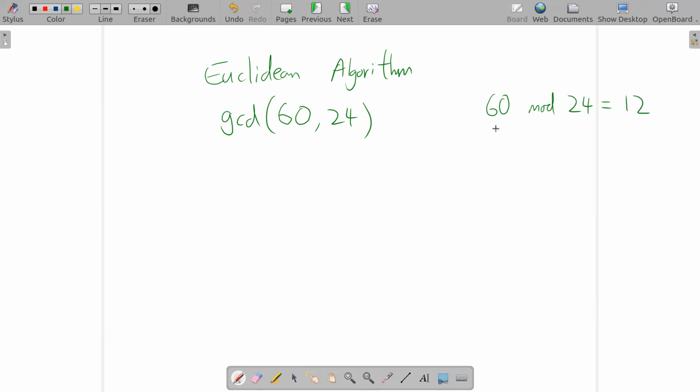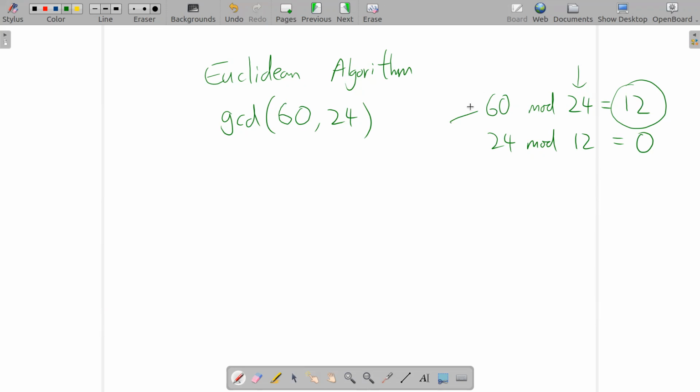And then you replace the big number with the smaller number. In this case it's not very interesting because we're done. So this is 12, yes? Mhm. And you know that the Euclidean algorithm always terminates because the modulus you're dividing by gets smaller and smaller every step, and the modulus can never be less than 0. So it will eventually stop.